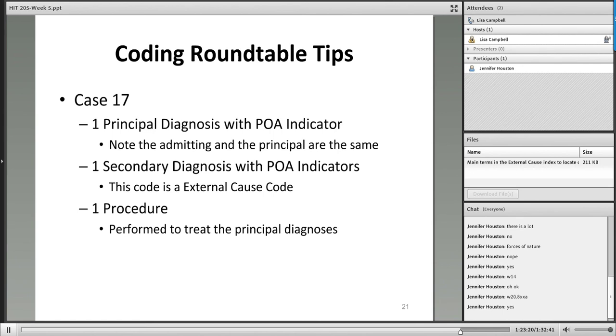But in the pathology report, they talk about some synovial tissue via debridement. But the doctor didn't state that in the operative report. And so here is where we have a query for this week. We would query to determine if the operative report really needs to be updated, because I want you to think about it like this.